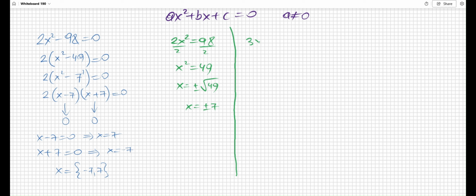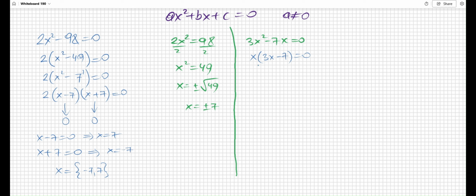Okay, let's go to the other case where the c is missing. So let's do one example. 3x squared minus 7x is equal to 0. So the best method, in my opinion, to avoid any mistakes is to take out a common factor again. It's going to be x times 3x minus 7 is equal to 0.